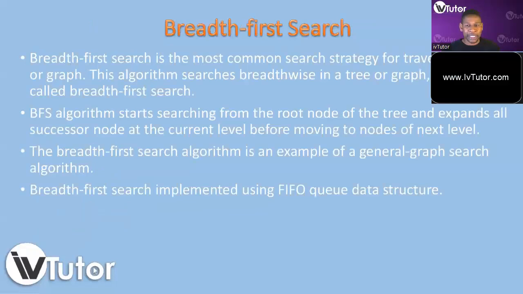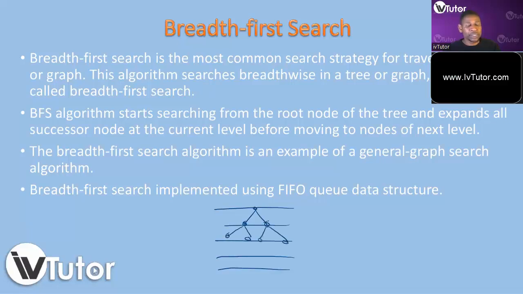So breadth first, this is the most common. We use it mostly when we're traversing a tree or graph, which are the most common types of problems. This strategy searches breadthwise. So what does it mean? It means that if we have multiple levels of our problem, it will start by finding the solution on the first level first, and then it will move on to the second level.